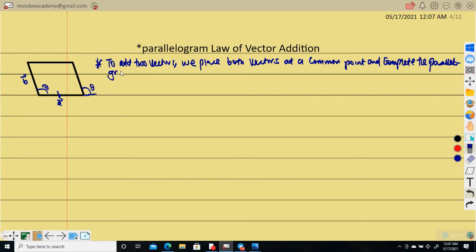To complete the parallelogram by joining the two adjacent sides of the parallelogram.